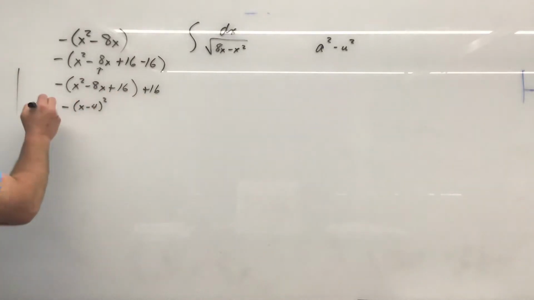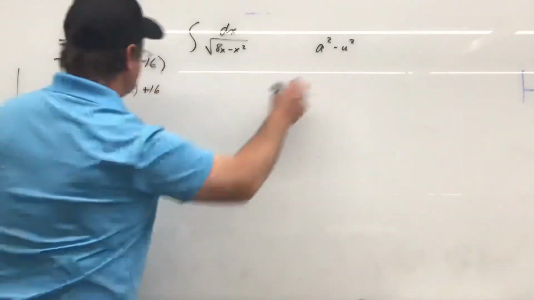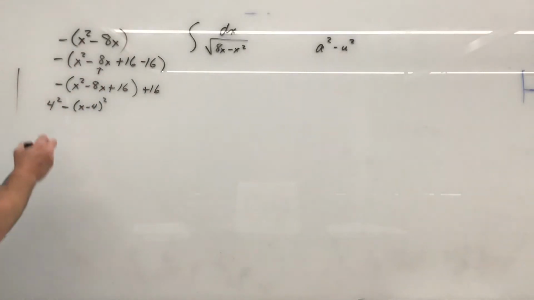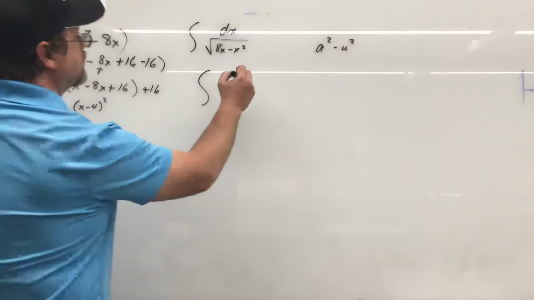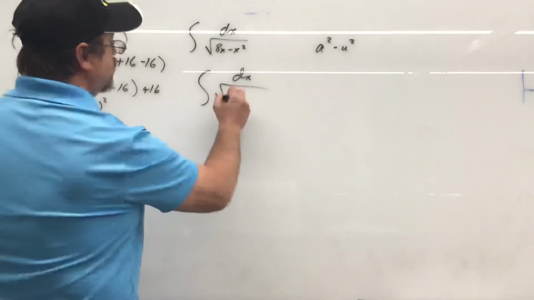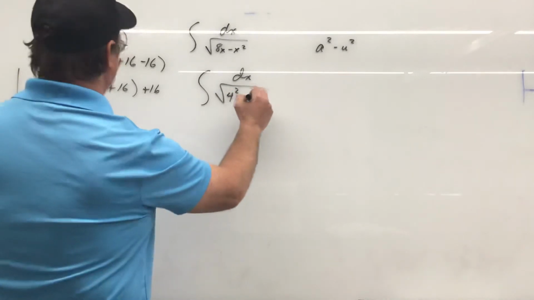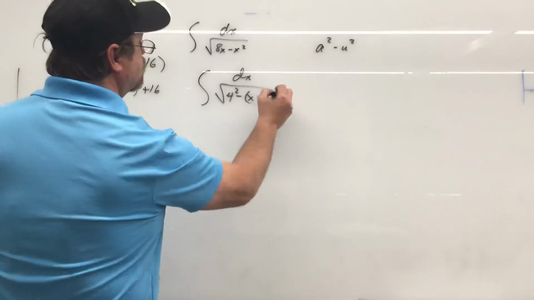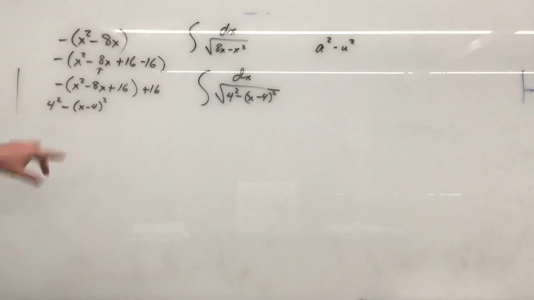And I'm also going to bring the 16 over here and write it as 4 squared. All of a sudden, this is starting to look like the form a squared minus u squared, where I'm now going to rewrite this to say this is dx over the square root of 4 squared minus the quantity x minus 4 squared. That's just because I started with what was under there and got right to here.